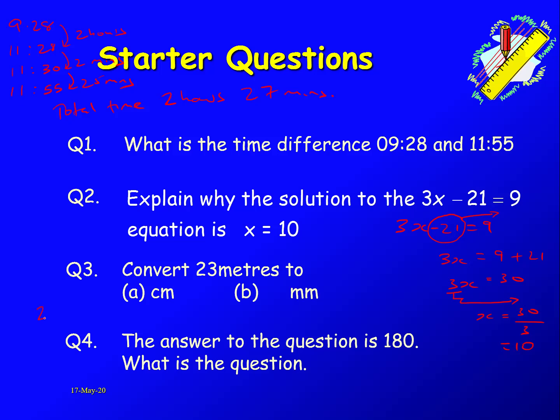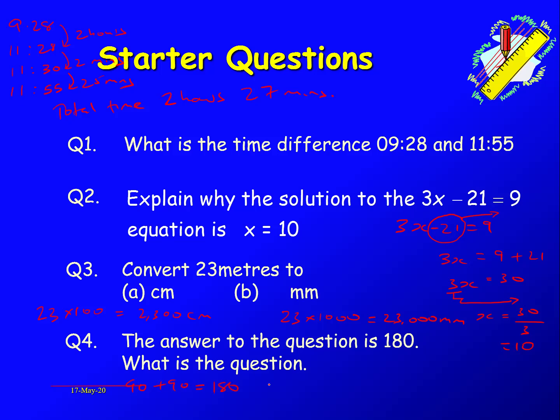Number 3, 23 meters to centimeters. This means we've got 23 times how many centimeters in a meter? 100. That gives us 2,300 centimeters. And here we've got 23 times millimeters to meters. It's 1,000. So that's going to give us 23,000 millimeters. And question 4, the answer is 180. What's the question? 90 add 90.